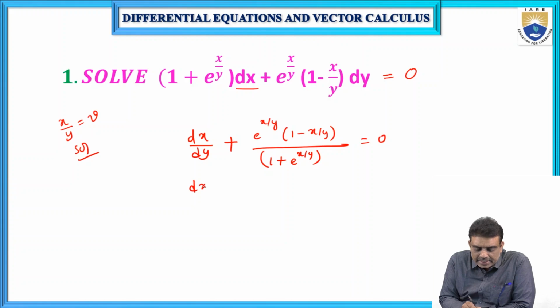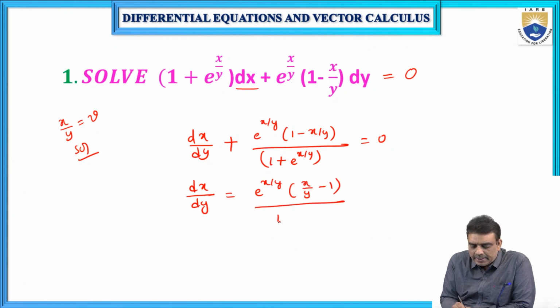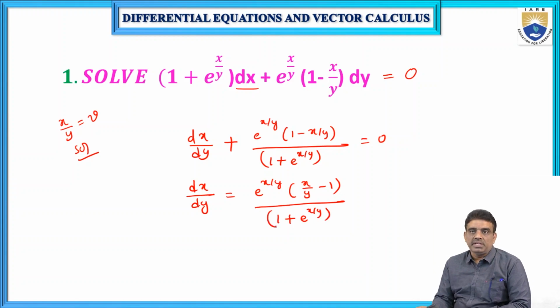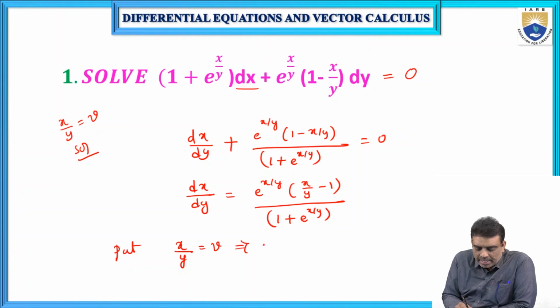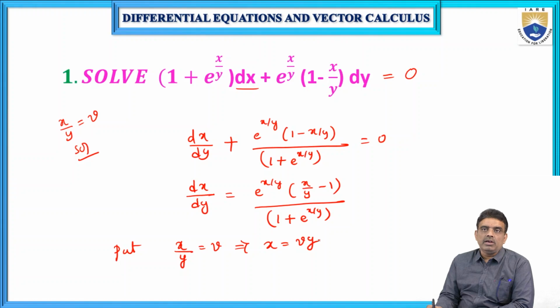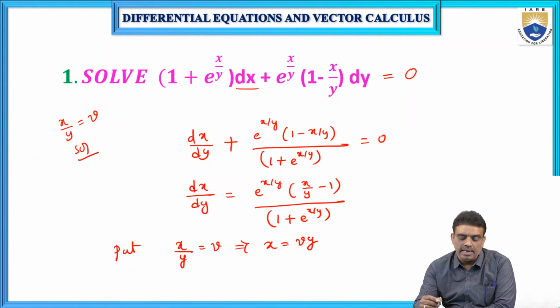Or I can write it as dx by dy is equal to e power x by y into (x by y minus 1) by (1 plus e power x by y). Now on observing this equation, I can take a substitution, put x by y is equal to v, or x is equal to vy. We have already seen these methods in the regular classes.